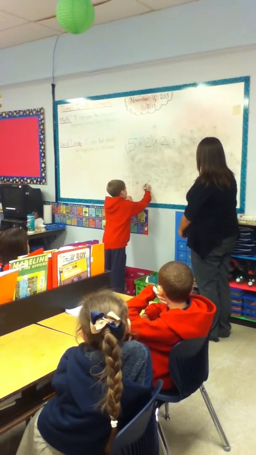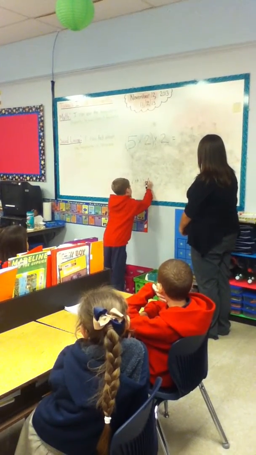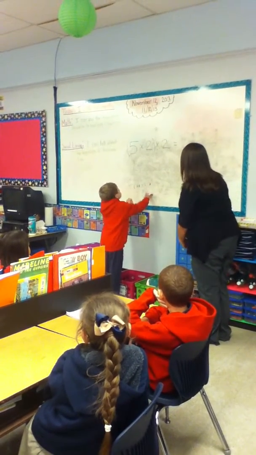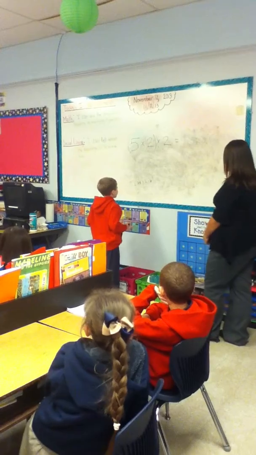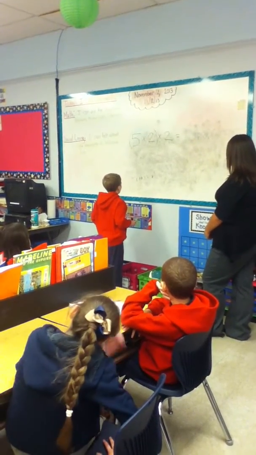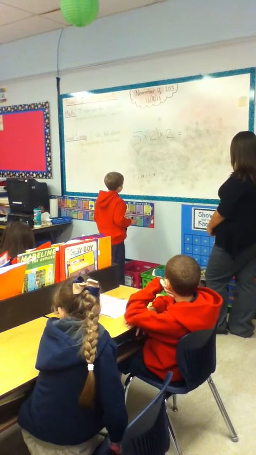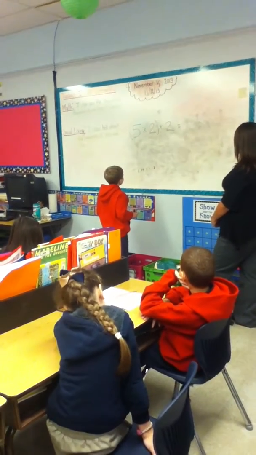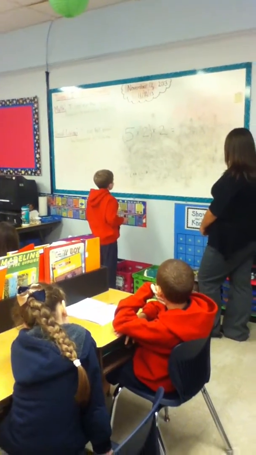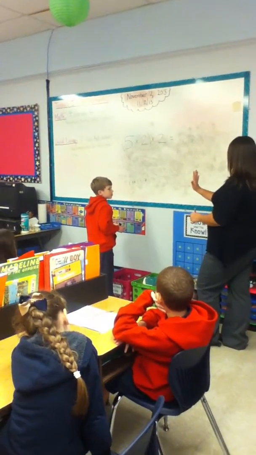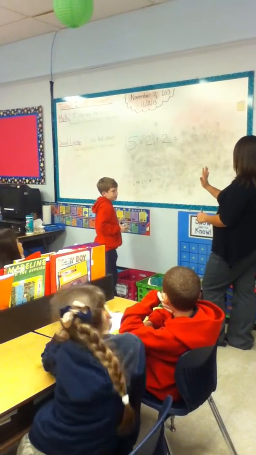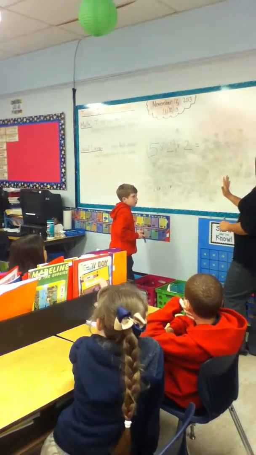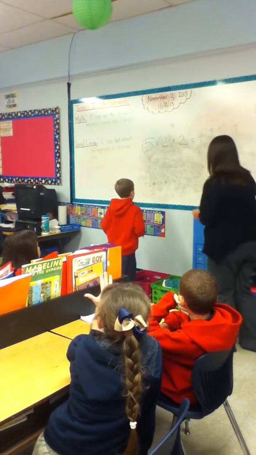Okay. So you're going to break up the 5. How are you going to break up the 5? You have 5, Sean. Look here. You have 5. What 2 numbers make up 5? Okay, 3 and 2.